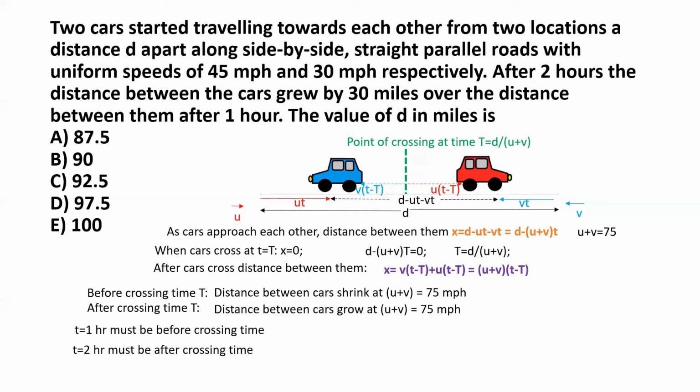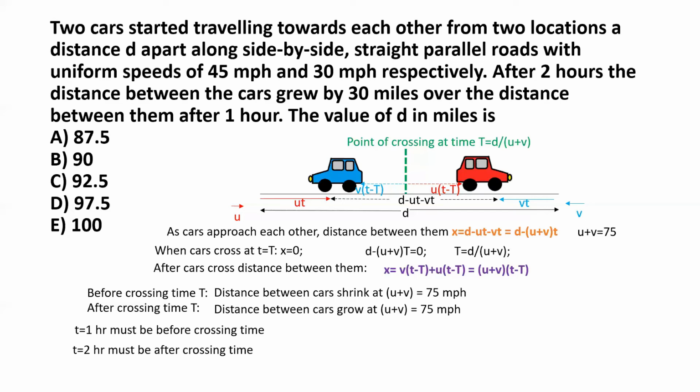So the distance didn't grow all the way by 75 miles. It grew only by 30 miles because during some portion of this time, their distance reduced as they were approaching each other, and they crossed at some time point between these two times, and thereafter the distance between them again started increasing. So this is the conclusion that we can make.